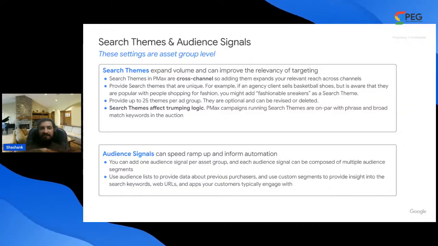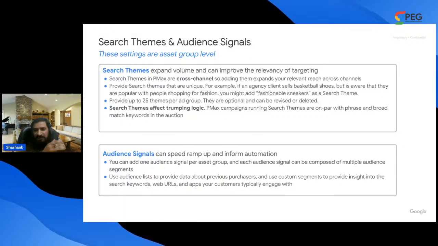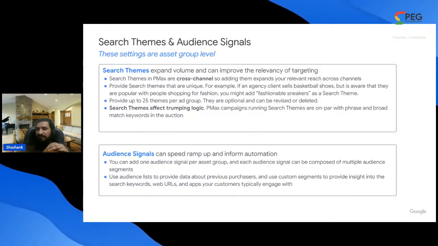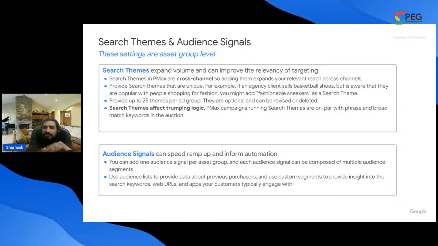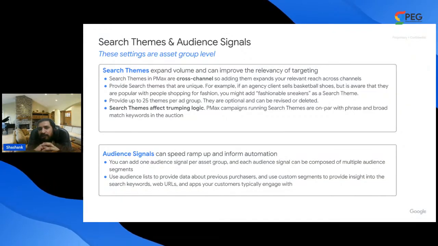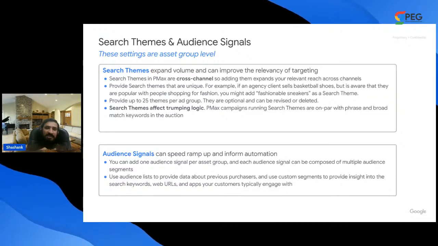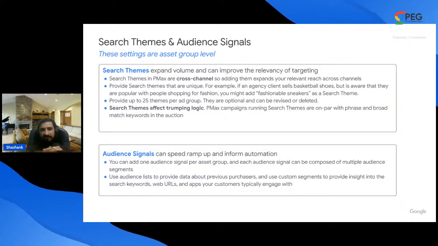However, if there's a user who might be interested in leather shoes but is currently looking for sneakers, your ad might still trigger if you're using a PMax setup and you have leather shoes added there as a search theme, because it tries to broaden the search volume by getting more and more users who might be interested in the product as well. So that helps you gain more and more conversions.